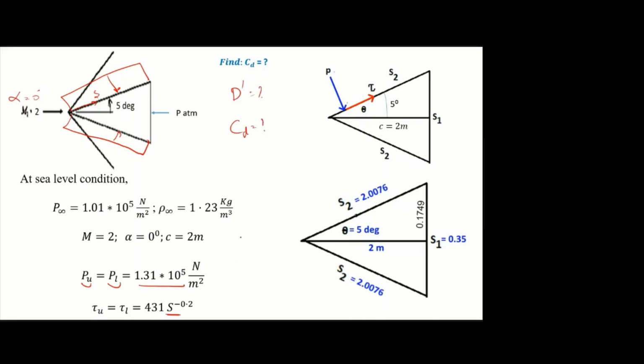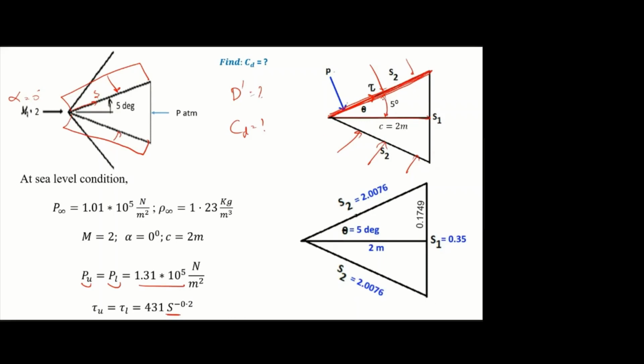Before that, let's find the area. They mentioned the chord is 2 meter and the half edge angle is 5 degree, and we know pressure acts on this surface. So we should know the length of this line. It is the normal right angle triangle thing.